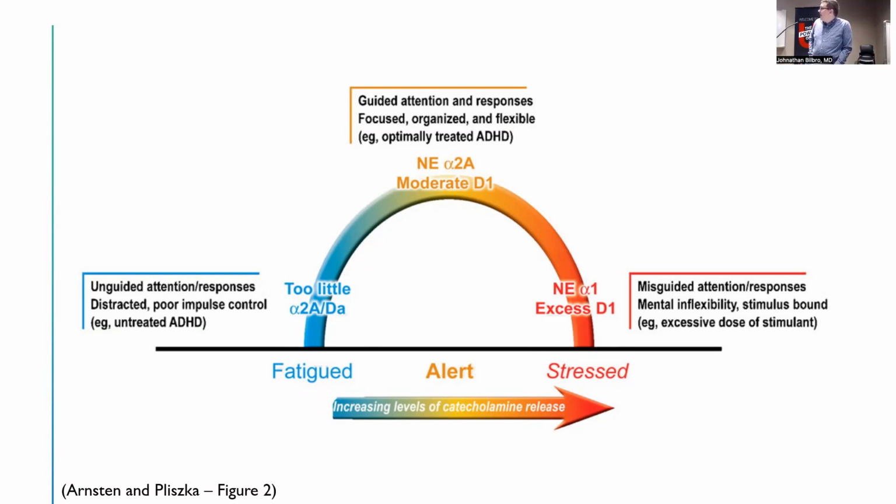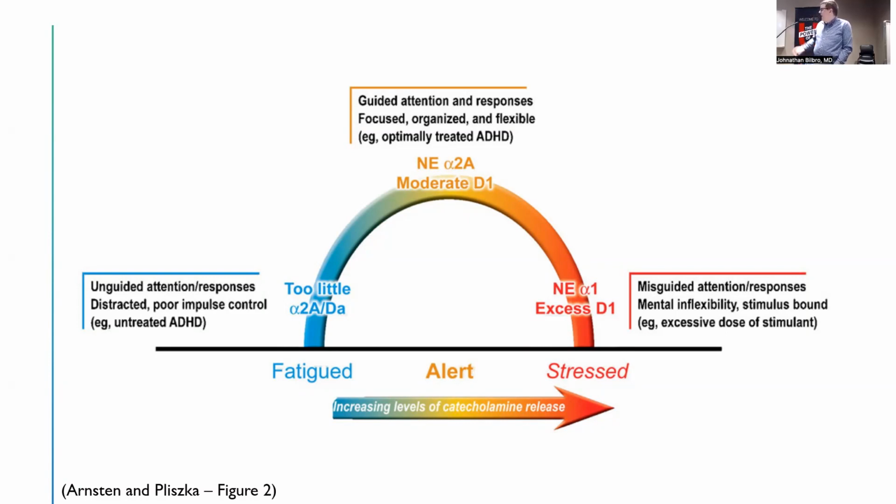In the fatigue state, the idea is that there's too little dopamine and norepinephrine activity, which leads to unguided attention responses, people being distracted, and so on. In the far right, you've got the stress state where there's excessive dopamine and norepinephrine activity. And so here, again, you've got misguided attention, mental inflexibility, and so on.